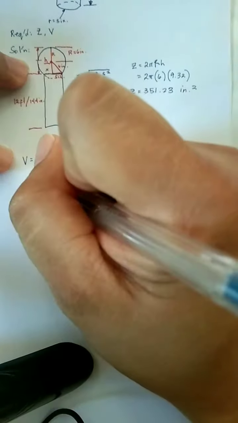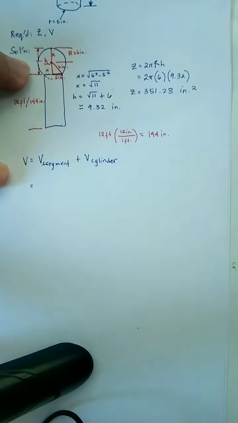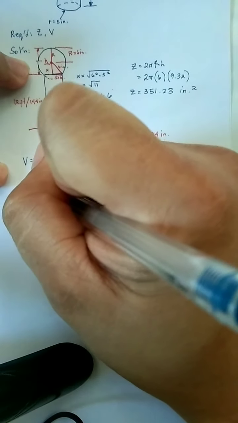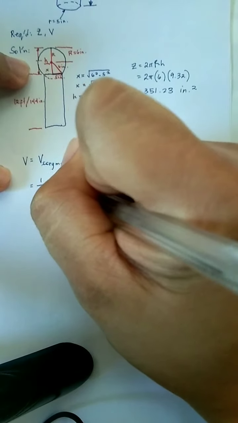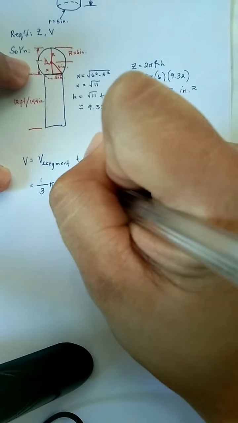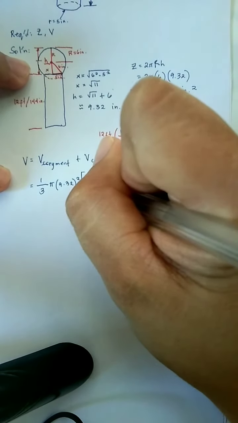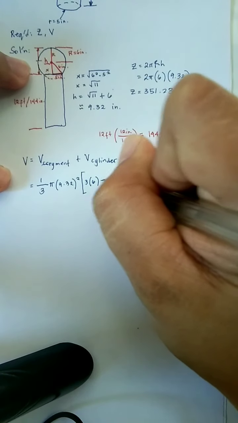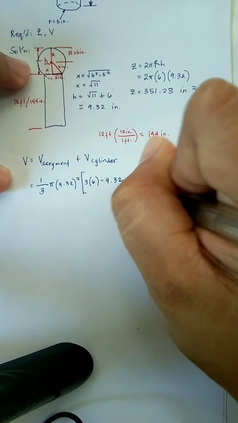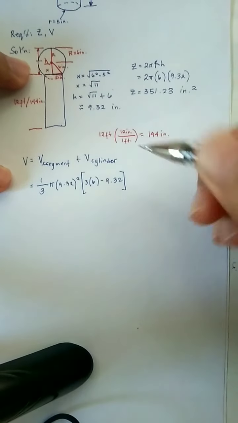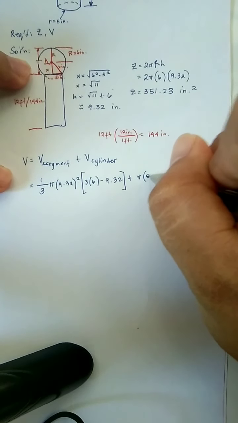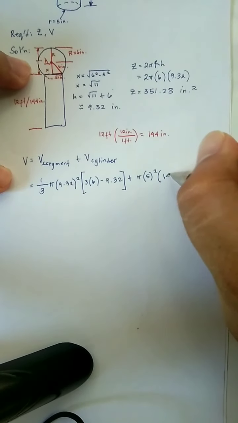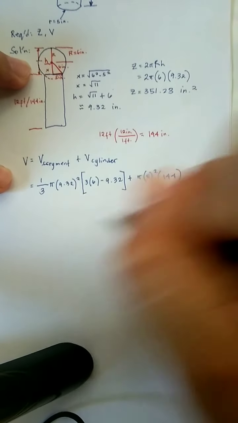Let's have the volume of the segment first: one third pi times 9.32 squared times the quantity 3 times 6 minus 9.32, plus pi times 5 squared times 144.